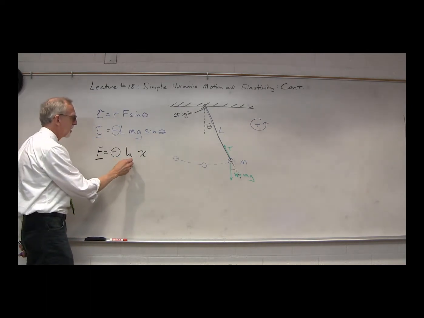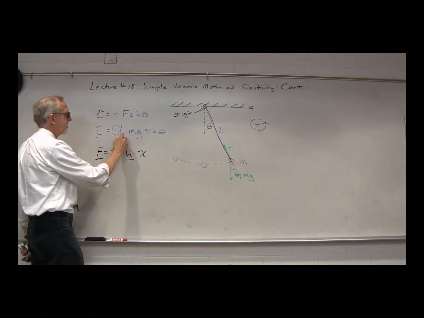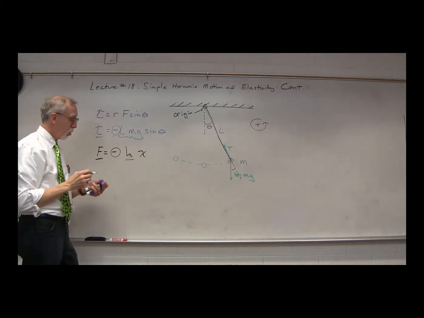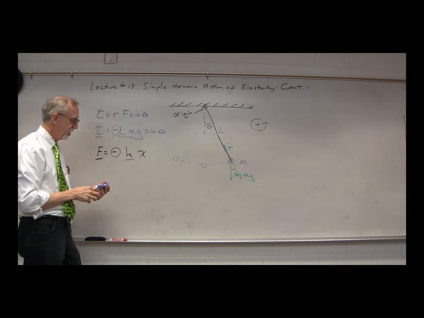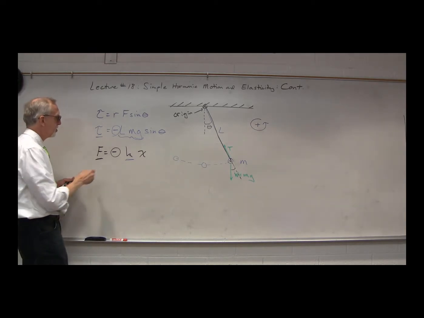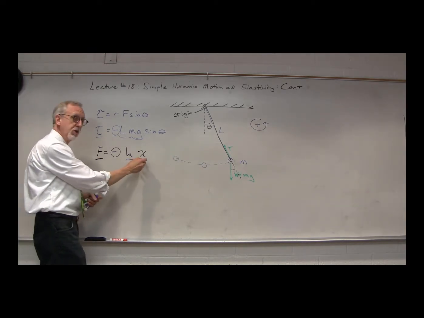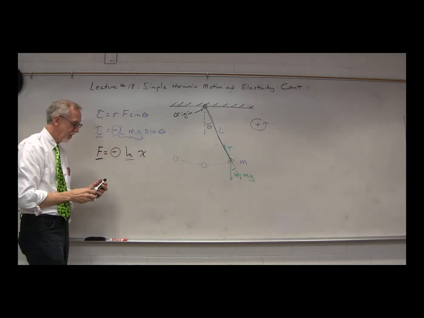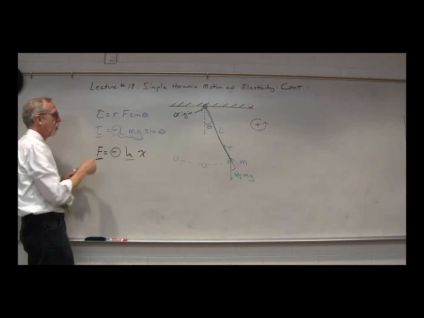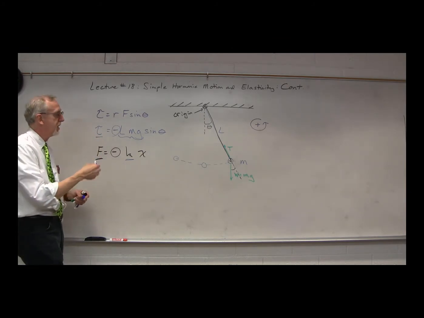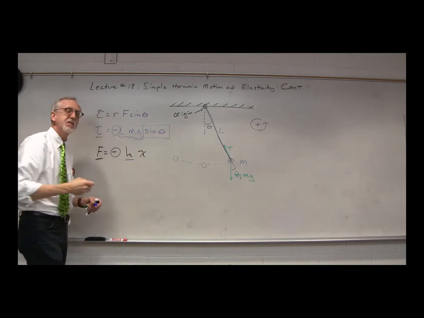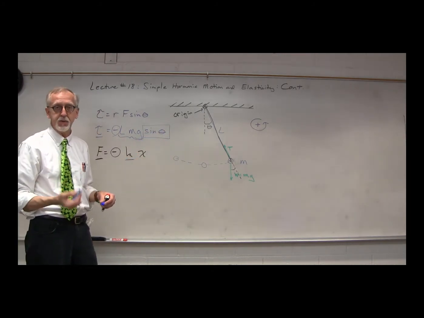We have some constant here, which in this case would be Lmg, but now wait a second. In order to have simple harmonic motion, we have to have the restoring force proportional to the displacement. That's not what we have here. We have our restoring torque not proportional to the angular displacement, but proportional to the sine of the angular displacement.